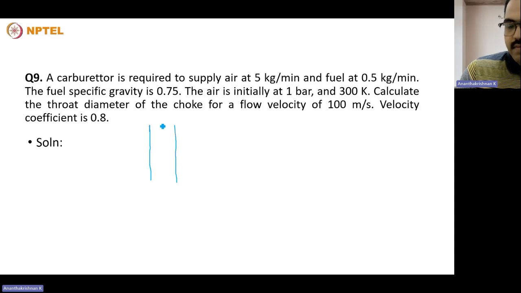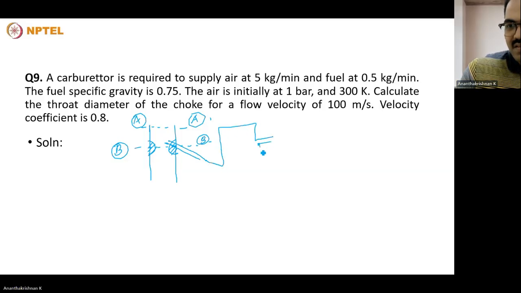Consider the carburetor, the air channel. This is the incoming air cross section, and there is a throat area or a point of smallest cross section. We can denote it by point B, and this is the point from where the fuel will be injected based on the pressure difference. This is the fuel tank.